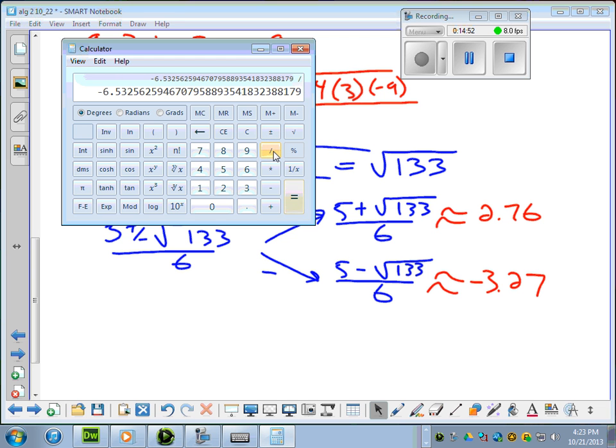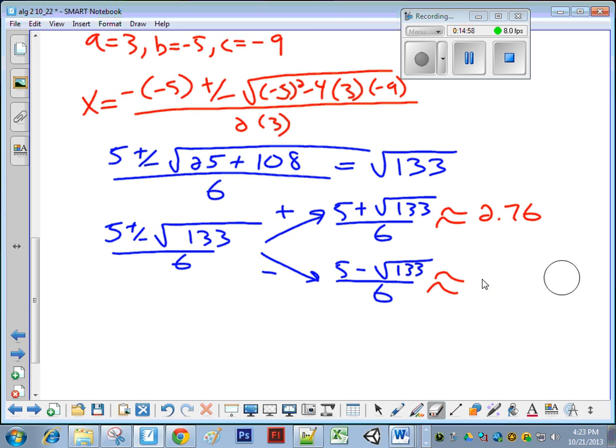Divide that by 6. Negative 1.08. That looks a little closer. It's actually negative 1.09. All right. So this is an example of two irrational roots. Whole numbers, but you can't make that into a fraction.